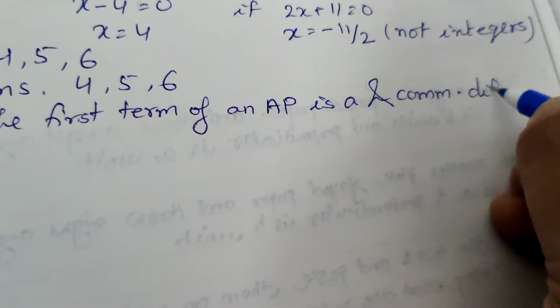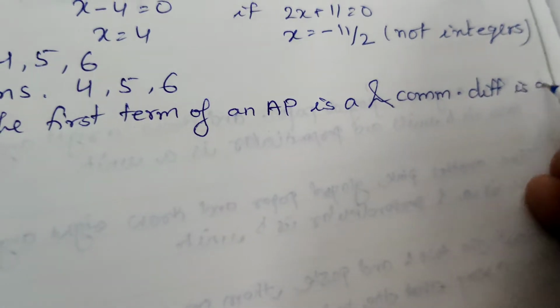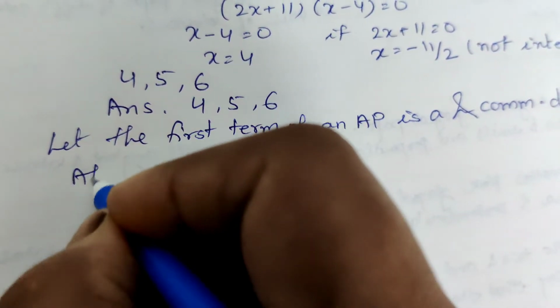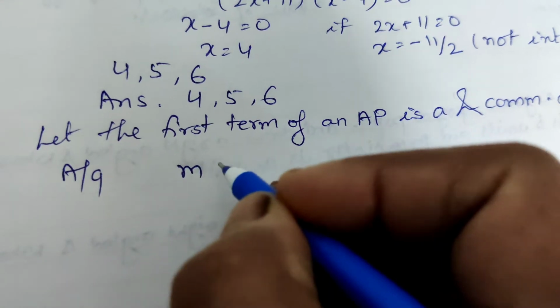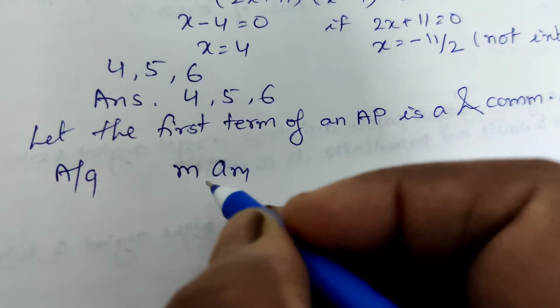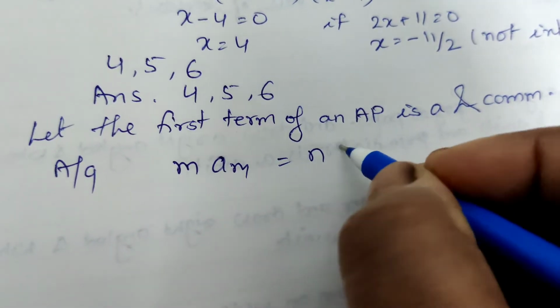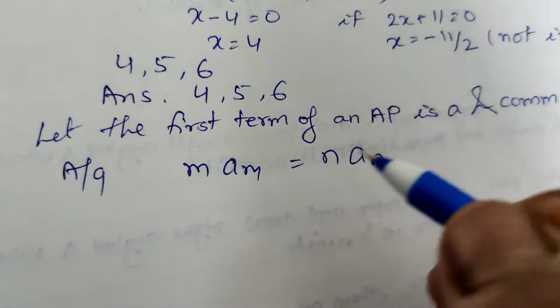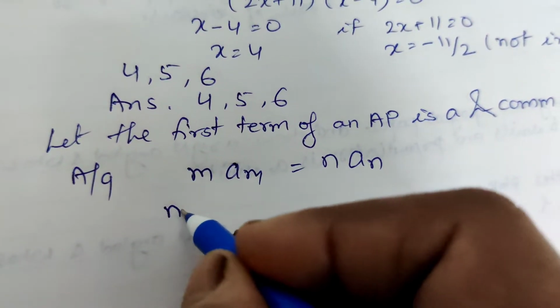According to the question, m times the mth term is equal to n times the nth term.